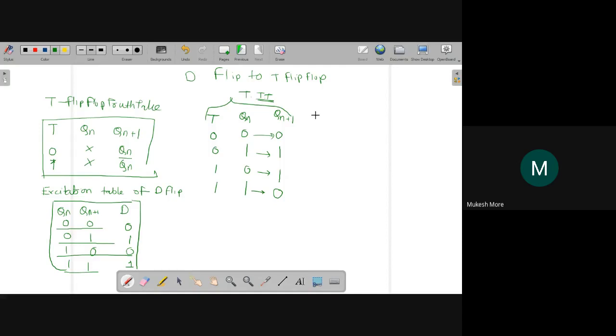Next, we have to consider D flip-flop excitation table. Now for D flip-flop excitation table, we have to consider Qn and Qn plus 1. So if Qn 0, Qn plus 1 is a 0, then D input is a 0, 1 1, D input is a 1, 0 1, D input is a 1, and 1 0, D input is a 0.